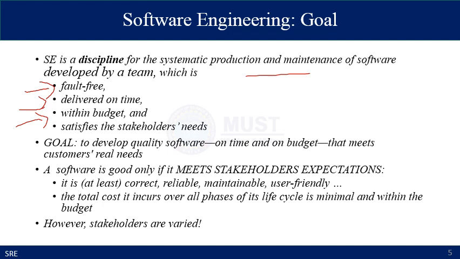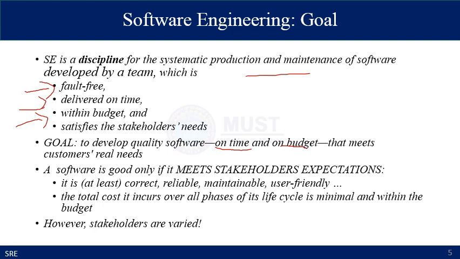And finally, it should satisfy the stakeholders' needs. And the goal of software engineering is to develop quality software on time, on budget, and that meets the customer's real needs. So it is another way of saying the same thing as described in the previous slide.